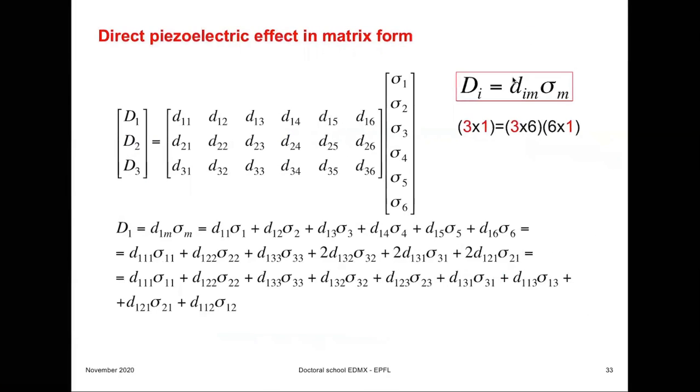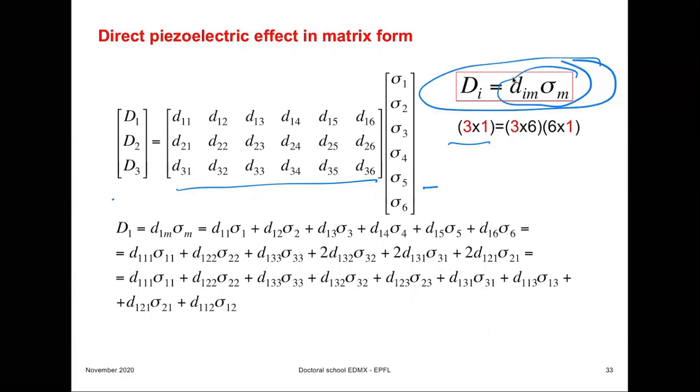So the direct piezoelectric effect in a matrix form would be written in this way, where we have a 3 times 1 vector, then we have a 3 times 6 matrix, and then a 6 times 1 matrix. We can explicitly write it, this sum.